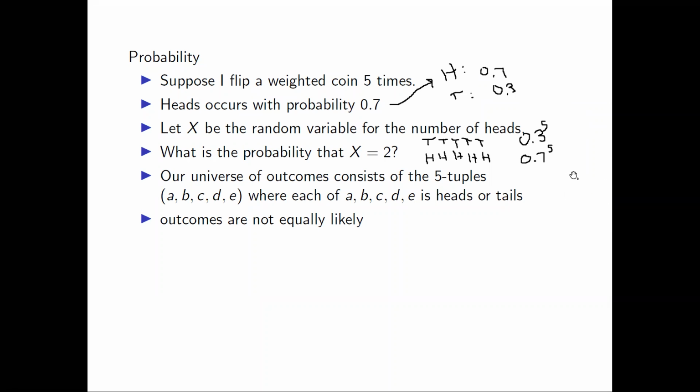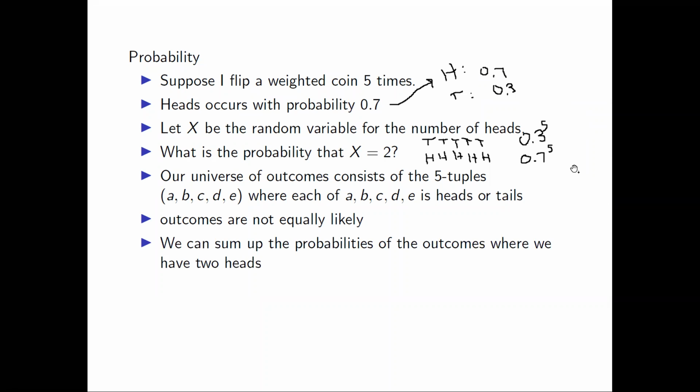But we can still calculate it. We can just sum up the probabilities of all the outcomes where we have two heads. So two heads. So that's a head, head, tail, tail, tail, for example. And we said there was a total of 10 of these outcomes, because that was 5 choose 2.